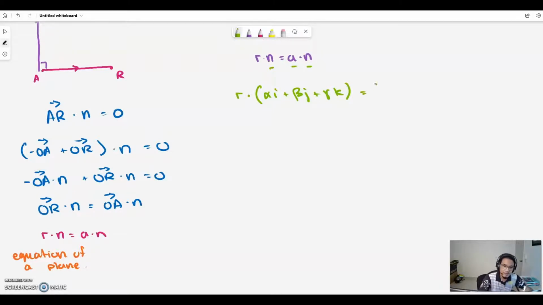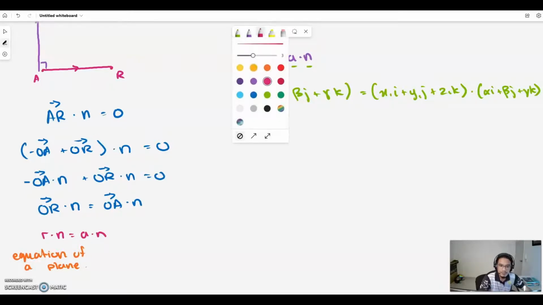And then for vector A, it is x1 i plus y1 j plus z1 k, dotted with the other vector n. Then we can proceed with the dot product.